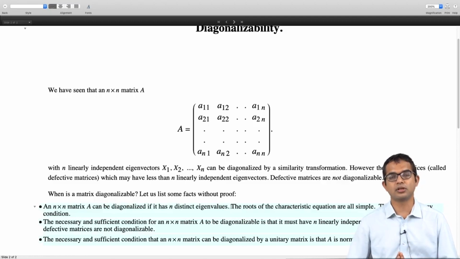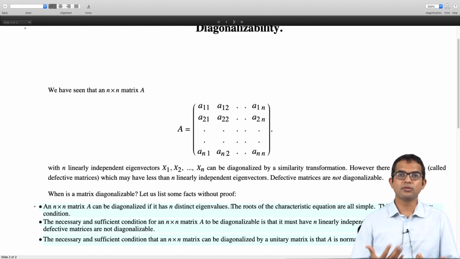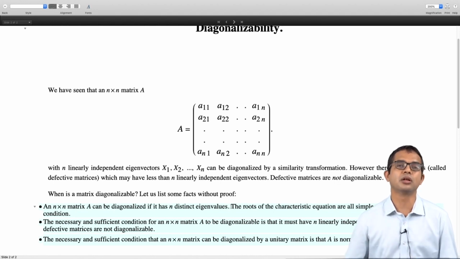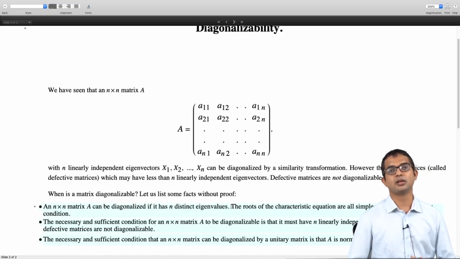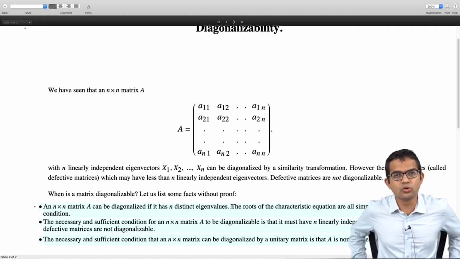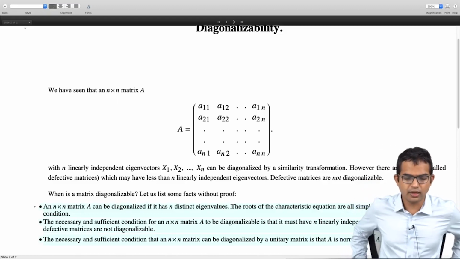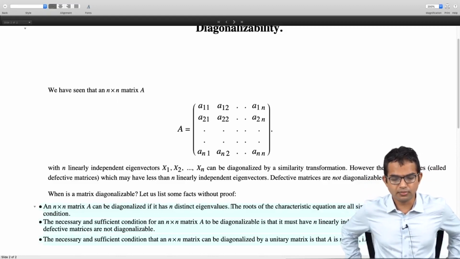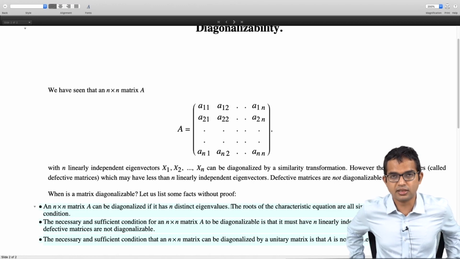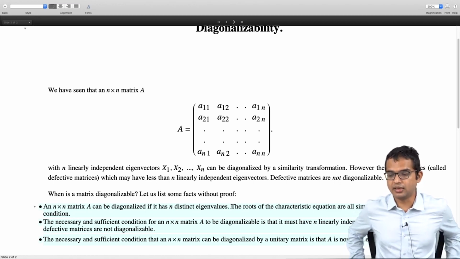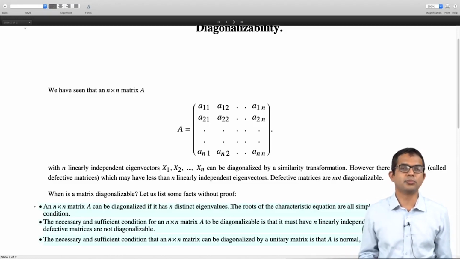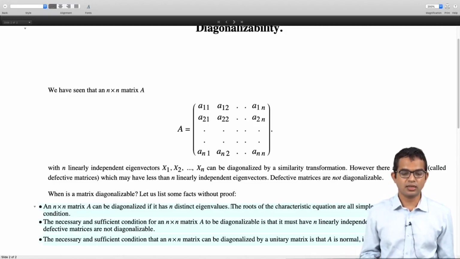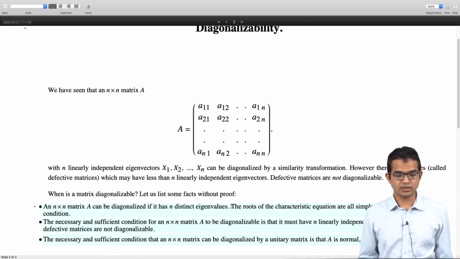Whenever a matrix is not defective, meaning it has n linearly independent eigenvectors, then we have seen by construction that you can stack together all these linearly independent eigenvectors and diagonalize this matrix. And it's also true that if a matrix is diagonalizable, then it has n linearly independent eigenvectors, and if it has n linearly independent eigenvectors, it's diagonalizable. Both these statements are the same, right? It's a necessary and sufficient condition.